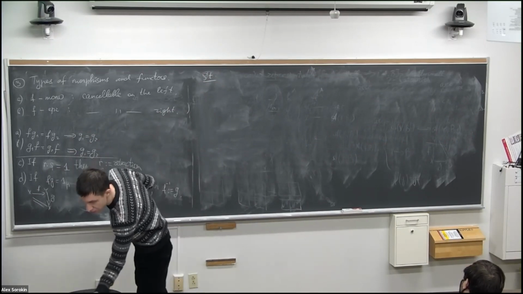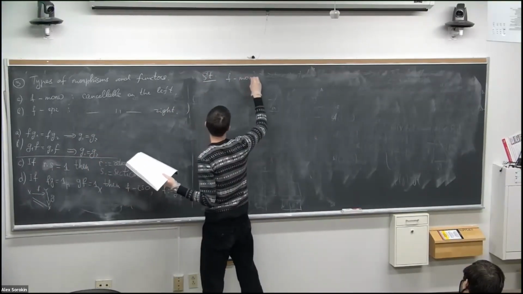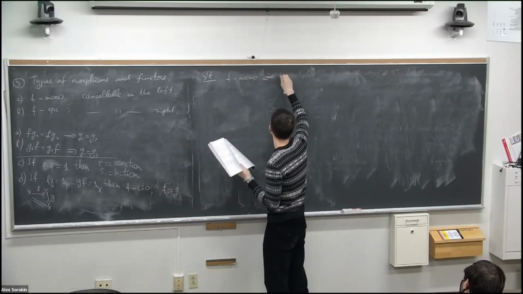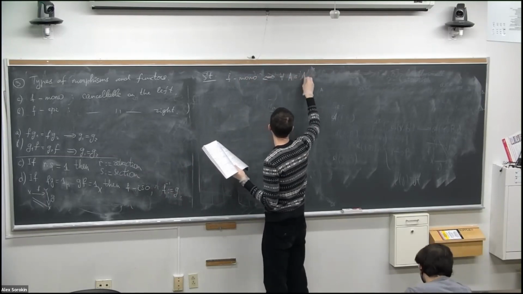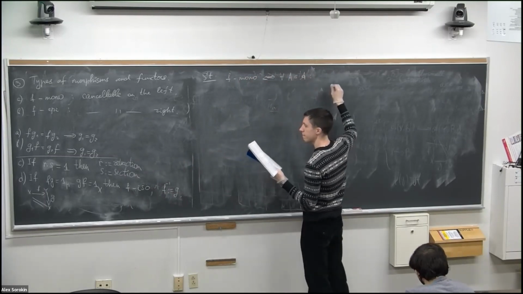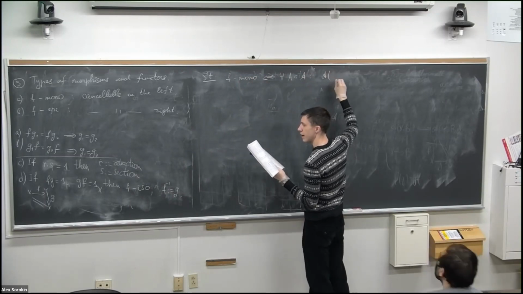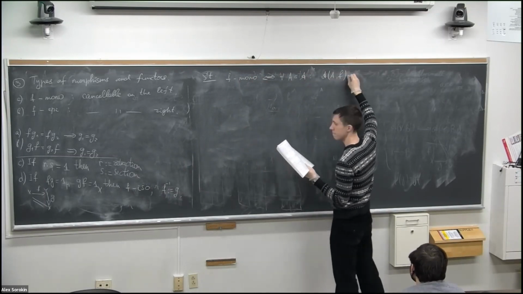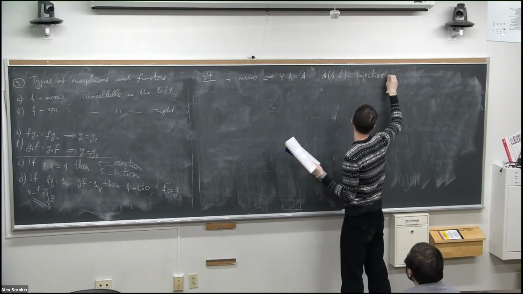F is mono if and only if for every A in the category, A comma F is injective. It's an injective function.